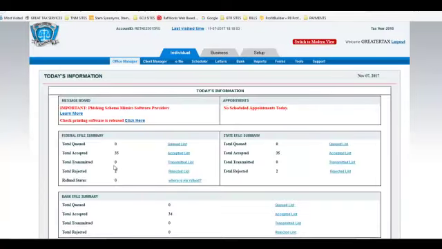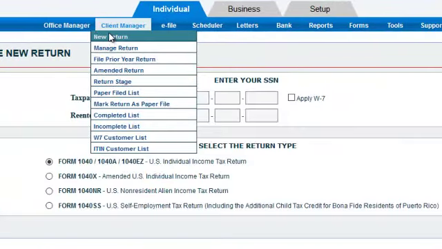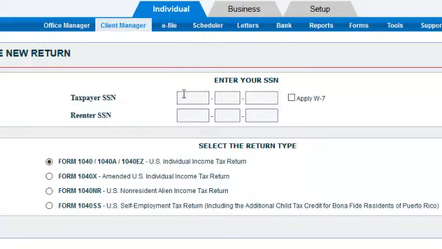Okay. Now we're going to do a new return. So what we do is hit new return, and first thing you're going to place in it are the Social Security numbers. So let's do so. And you're going to repeat that process.